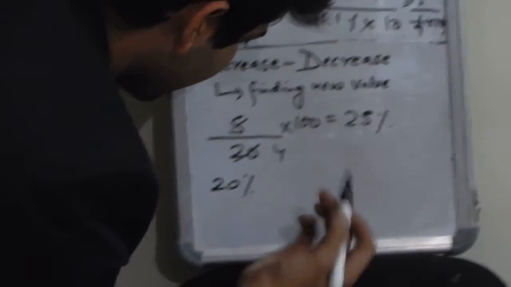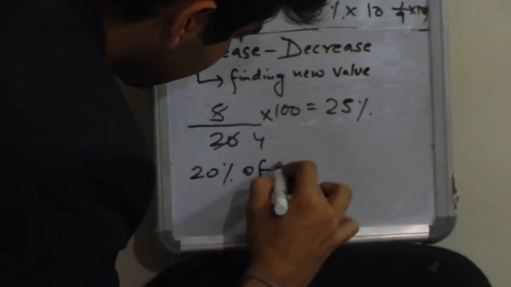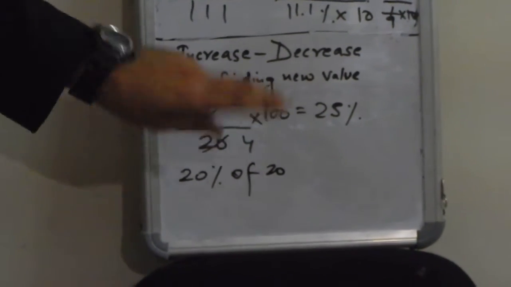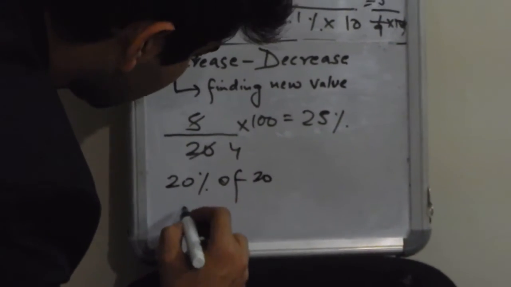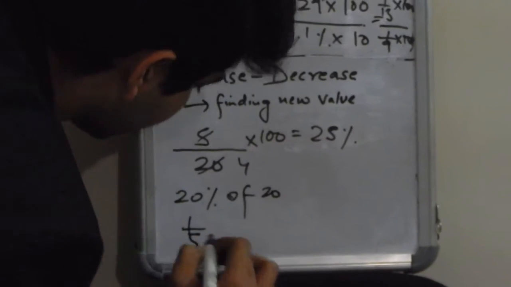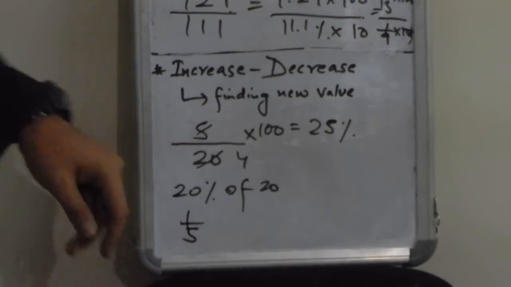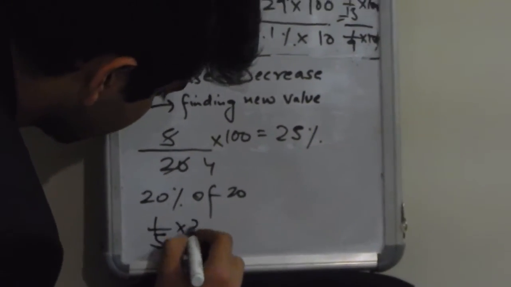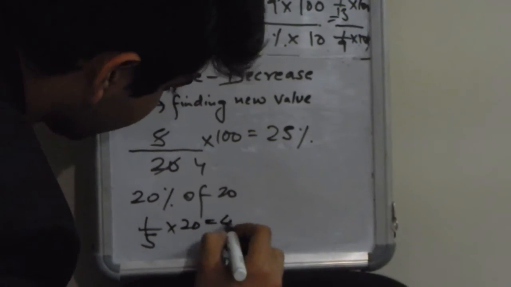How do you do it the reverse way? If I say 20% increase in something, you can say 20% of something like 20 and increase. So what I would effectively do is 1 by 5. Remember converting this into fraction. 1 by 5 into 20 is equal to 4.